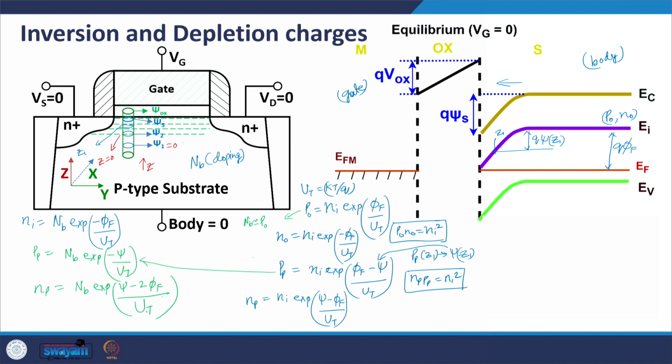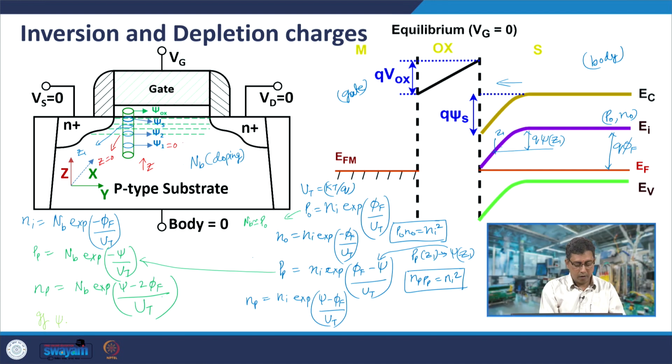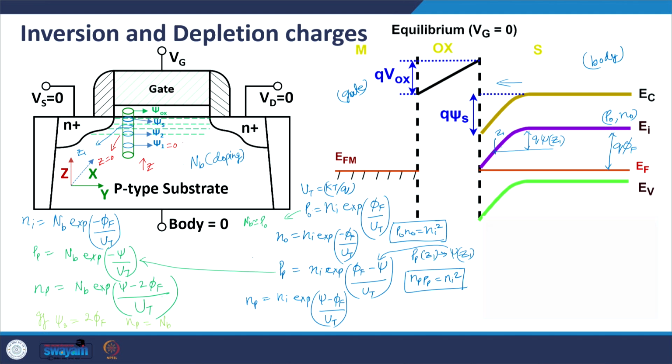So, what you could see with this is that if the surface potential, where is the surface potential? It is here at the interface. We are calling it surface potential. If the surface potential is 2 phi f, then you get from this expression that electron concentration is equal to Nb.